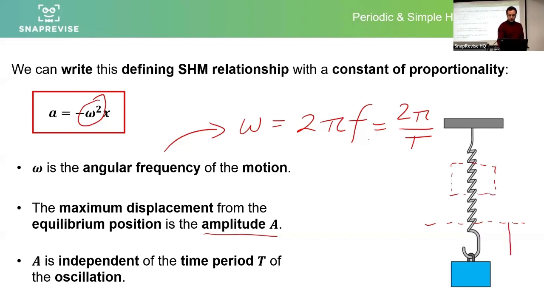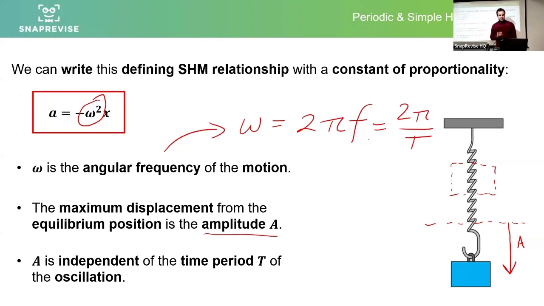The amplitude, and it's important to make this distinction, is not the full range from the peak to the trough. It is the maximum displacement from the equilibrium position. Okay, so it's only this distance. It is not from here all the way up to here.